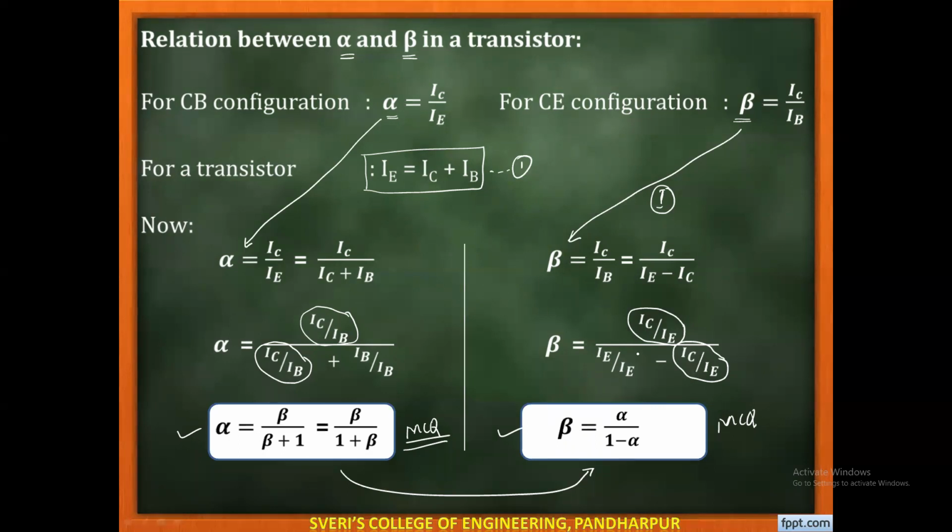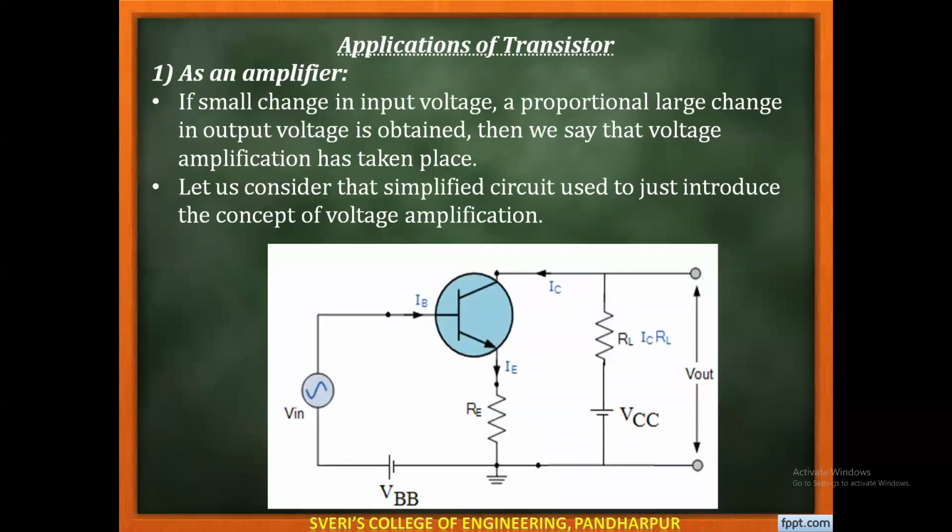Get it, my point? Okay, so this is about the relationship between alpha and beta, and now we will try to see the application of a transistor. As you know, one of the main applications of a transistor is nothing but amplification, and now the first application of a transistor, let's try to discuss, is the amplifier circuit.